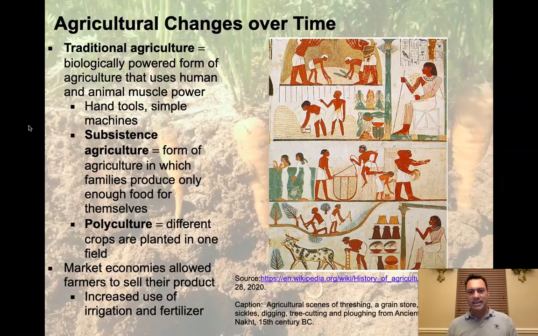And in fact, we see in very ancient art, this is actually from a tomb in Egypt from the 15th century BC, we see things that we recognize that farmers would be doing as recently as 200 years ago, right? So here we see the harvesting or threshing of wheat, the storing of wheat. So this is a grain store that we see here. We see digging and tree cutting that's happening over here.